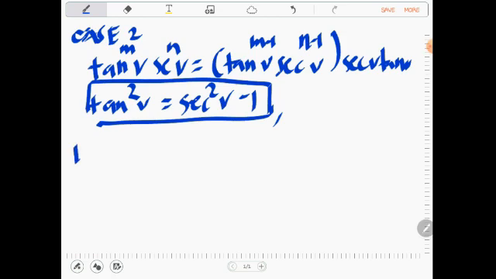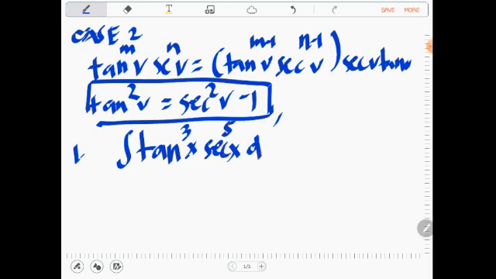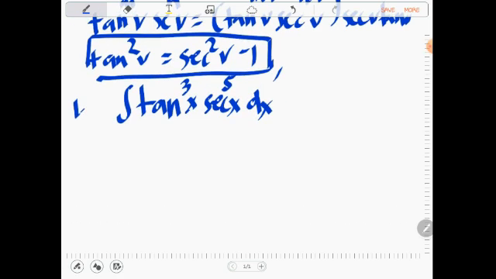So halimbawa, number 1, evaluate the integral of tangent of x cubed secant of x to the 5th power dx. So ngayon, alam natin na yung ating tan squared v is equal to secant squared v minus 1.